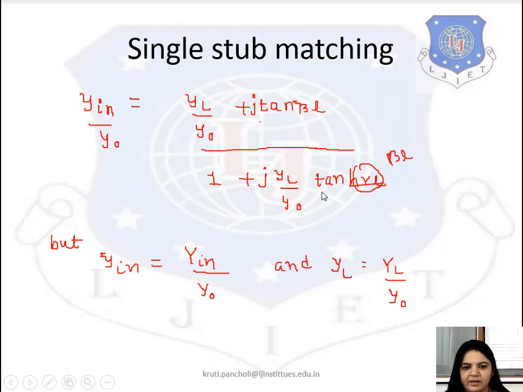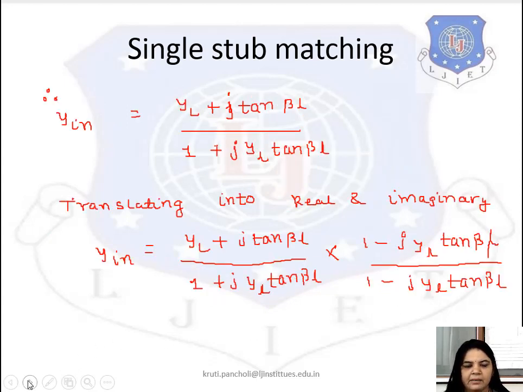Now Yin is the normalized value Yin upon Y0, and YL is again YL upon Y0. By putting these values in the equation, we translate them into real and imaginary parts.